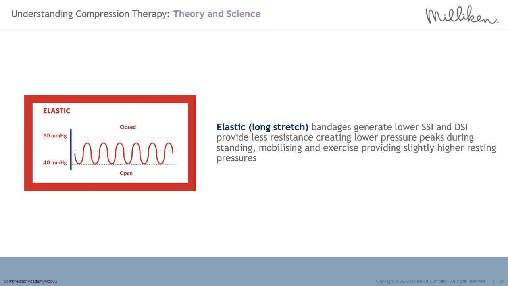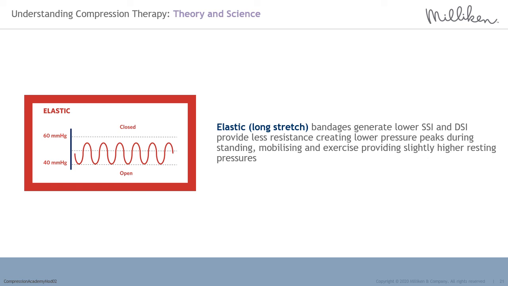Elastic or long stretch bandages generate a lower static and dynamic stiffness index as they provide less resistance, therefore create lower pressure peaks if the patient were able to stand, mobilise or exercise. Elastic long stretch materials provide slightly higher resting pressures.